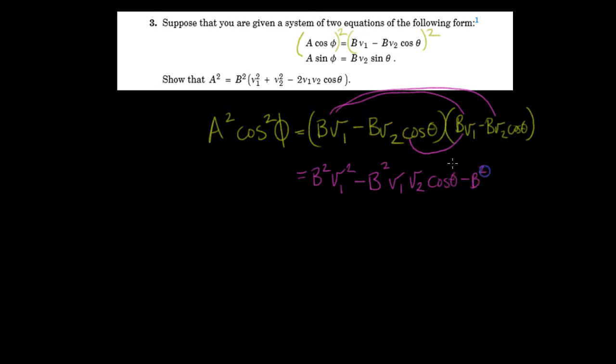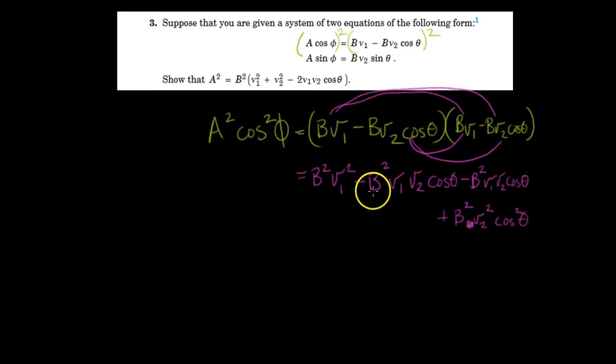I have b squared, v2 and v1, so I'm going to put v1 first. And then I have cosine theta. And then the last term, this times this. So it would be plus b squared v2, whoops, I did it on the wrong. That's b squared up here, not a subscript. v2 squared cosine squared theta. So you guys can write this down in your homework.